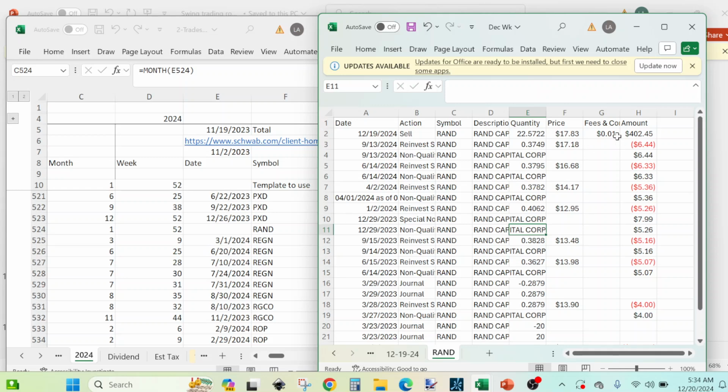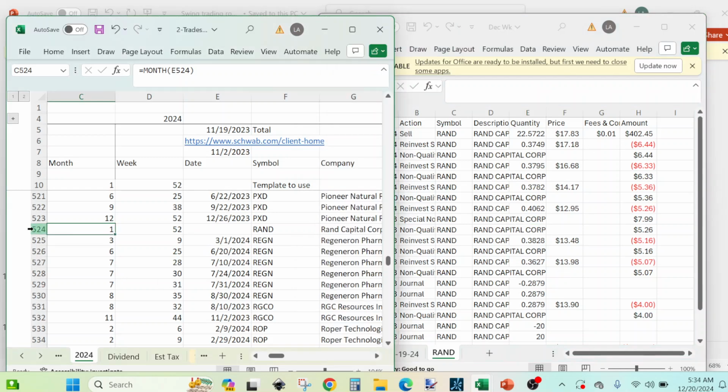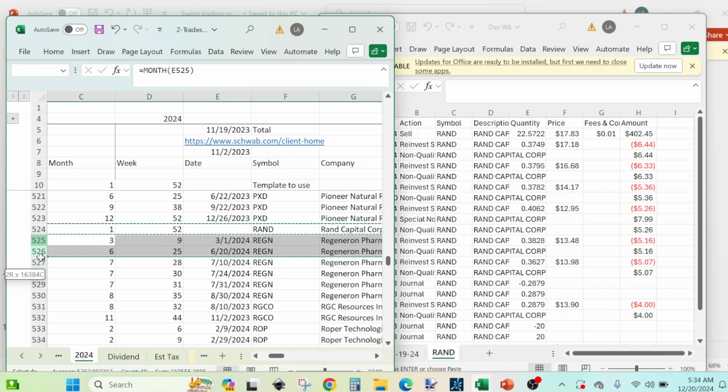Those dividends got reinvested at different prices. So I'm going to copy this row, and 1, 2, 3, 4, 5, 6. Okay, so let's just do that for now.